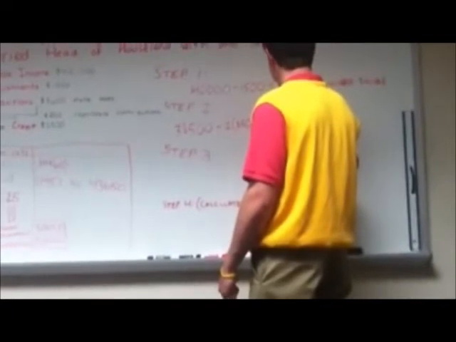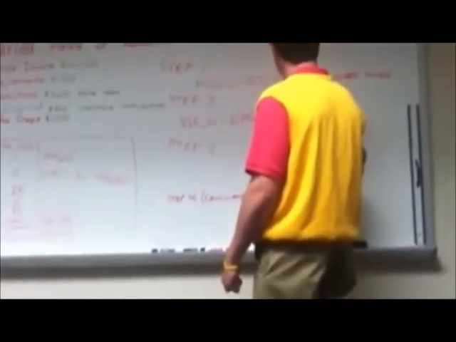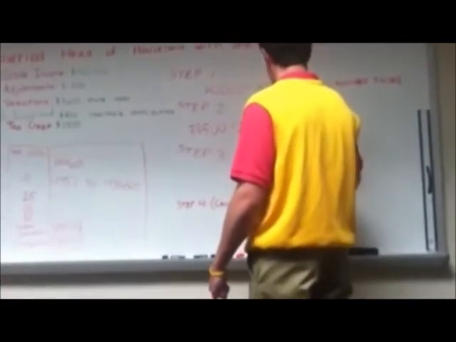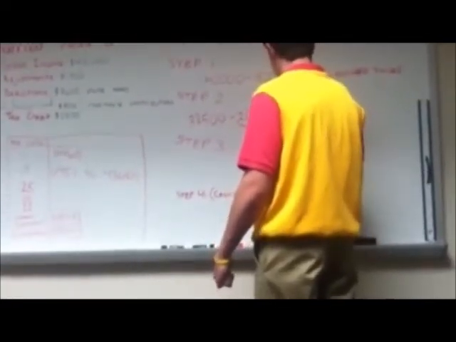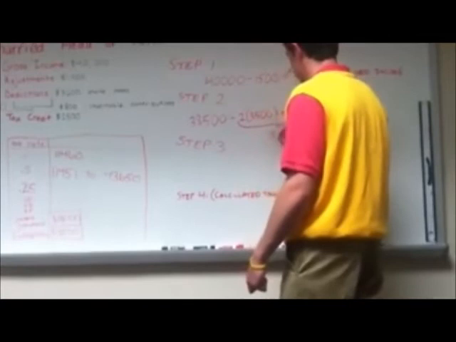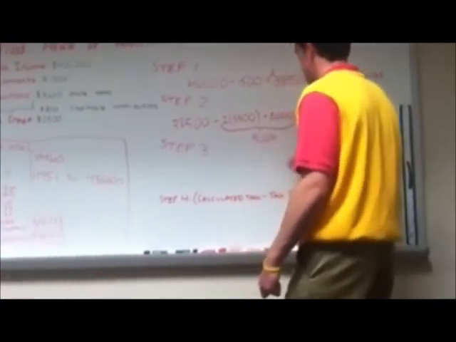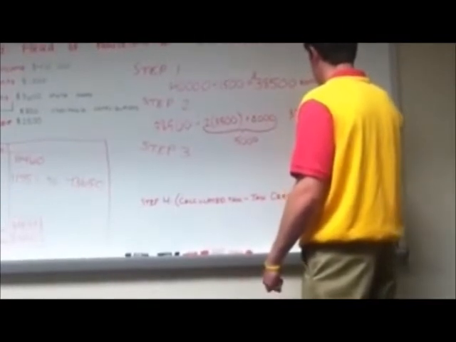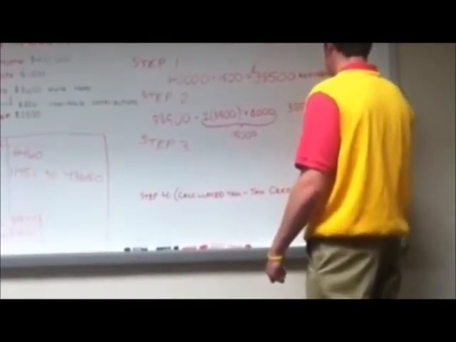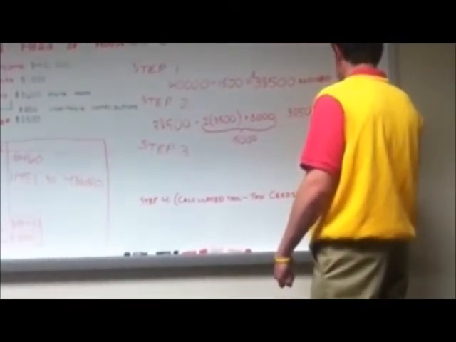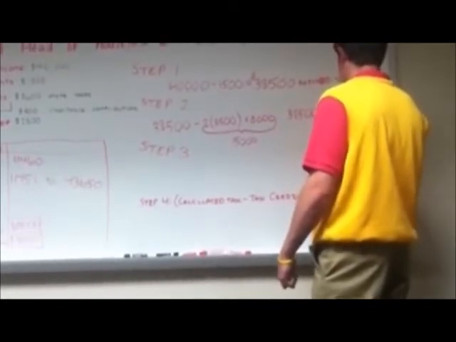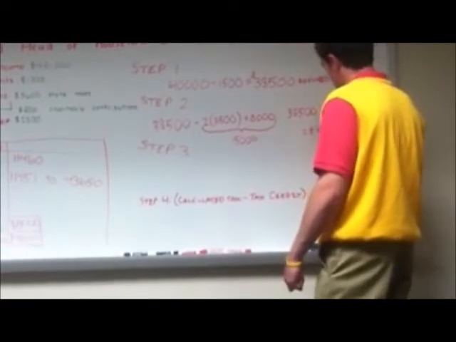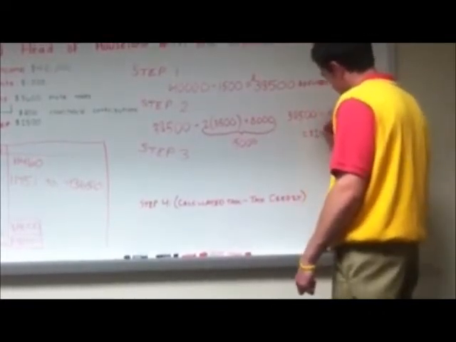That's plus the 8,000. That total comes to 15,000. Let's subtract it. That comes to a total taxable income of $23,500.